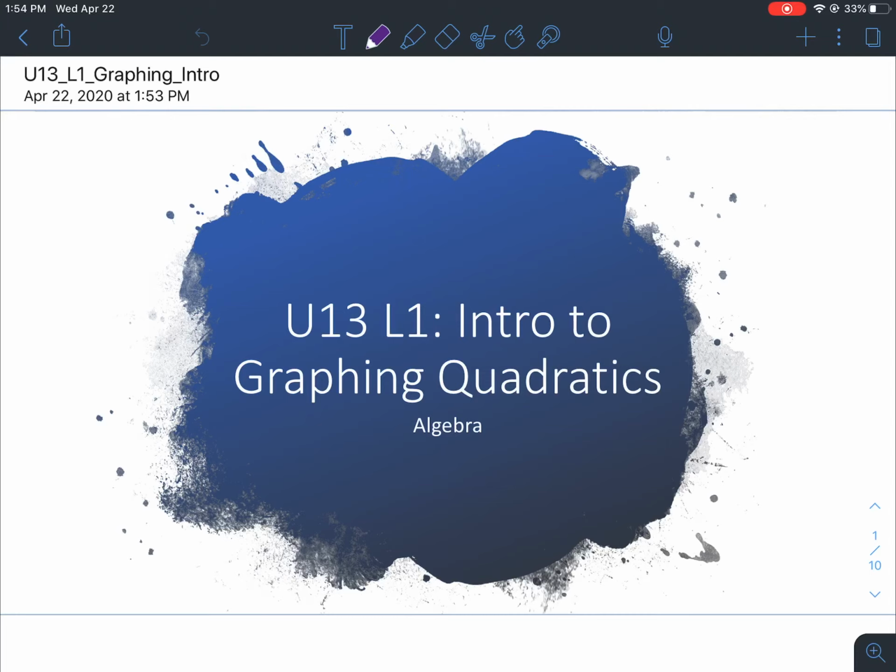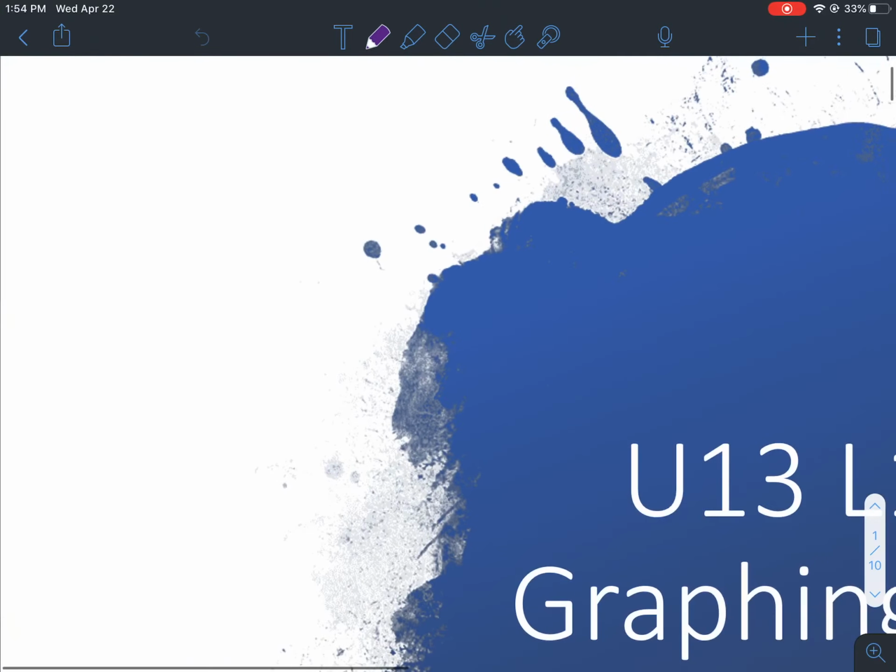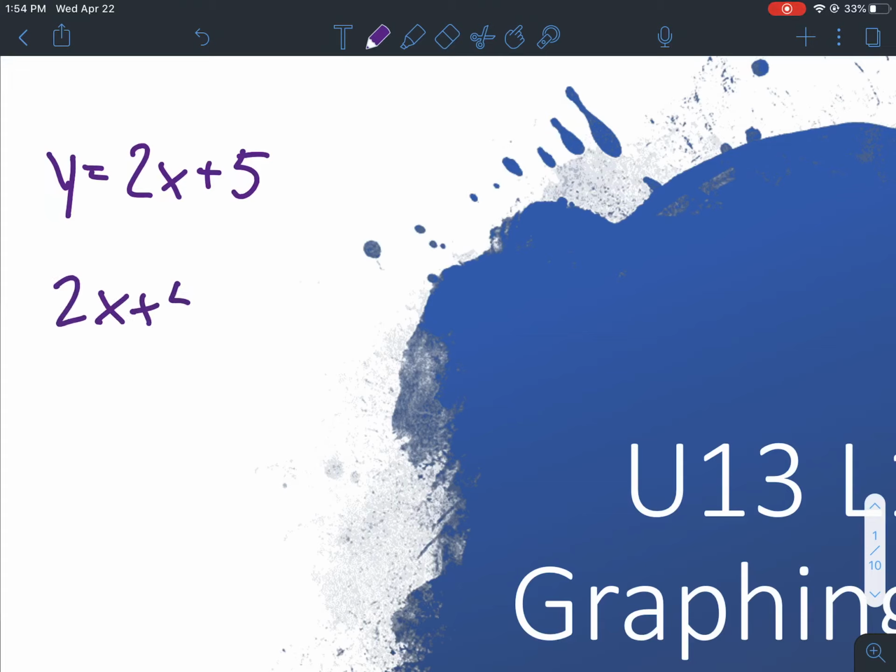Now, if you think about what we've done mathematically earlier in this course, when we learned about linear equations, something that looked like y equals 2x plus 5, we first started with problems and how to solve them. Like if I had 2x plus 5 equals 11, we learned how to solve that first and to get x by itself.